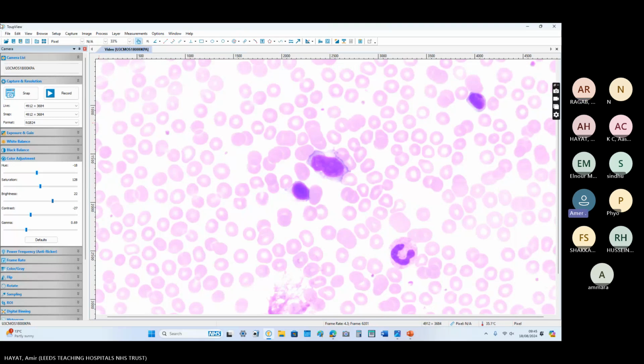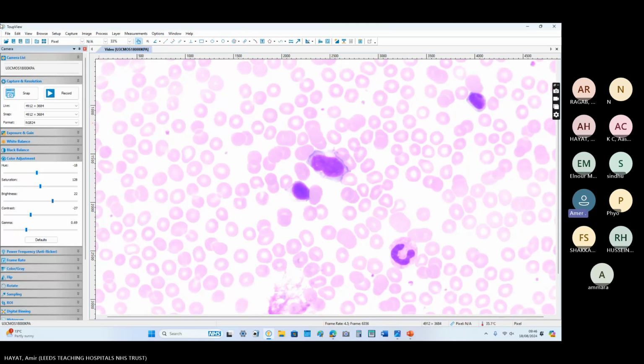The white cells are atypical, mature, with basophilic cytoplasm and prominent scalloping around the neighboring red blood cells. The red blood cells are normal, with a few echinocytes or poikilocytes. They are very few, or if you say that the red blood cells are normal, that is fine as well. The platelet counts are normal as well.